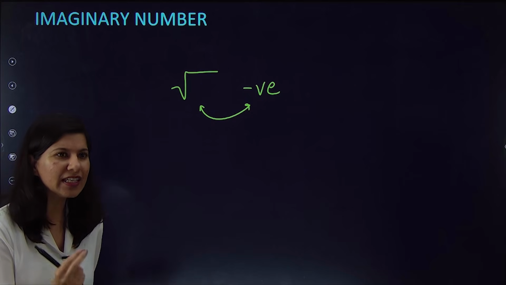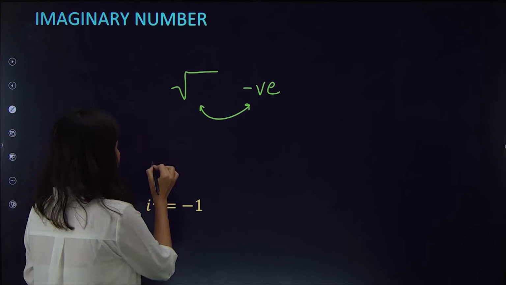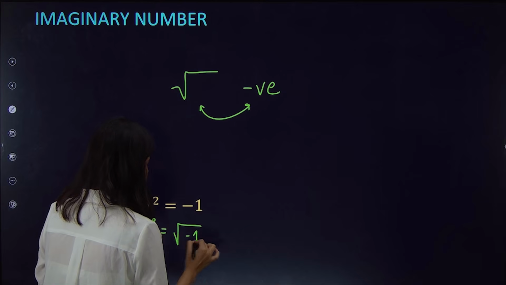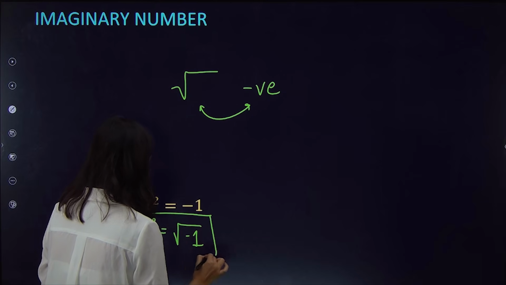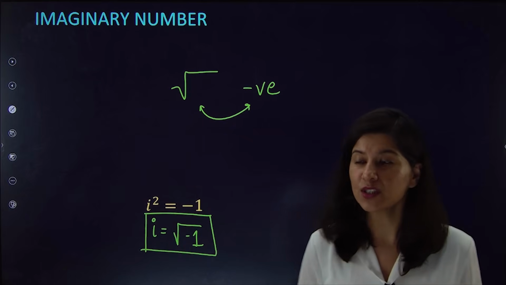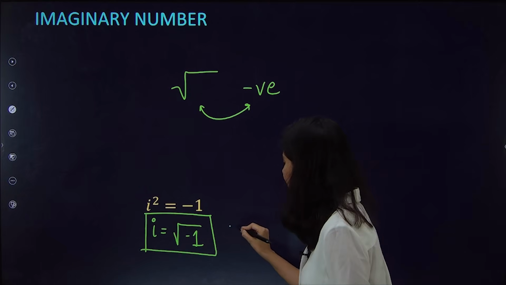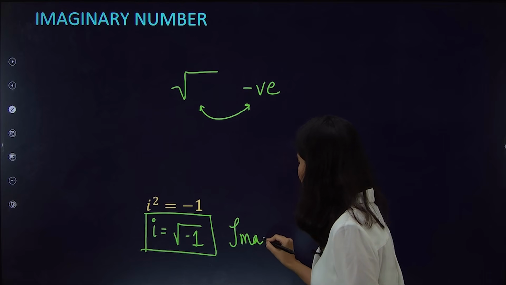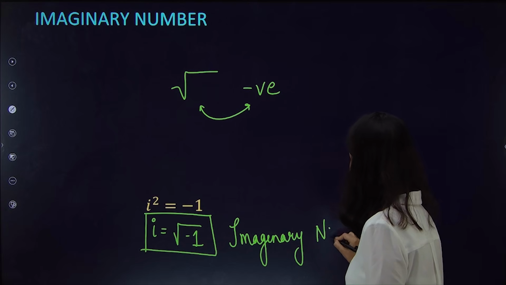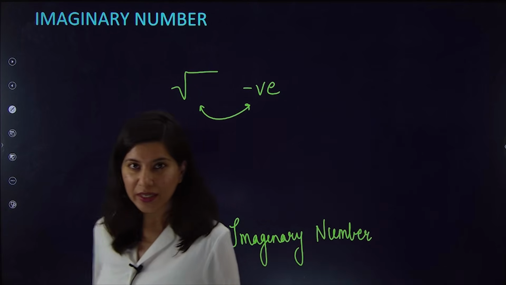Okay, so the very basic imaginary number is square root of -1. We call it iota. Iota is what? Square root of -1. So whenever you see square root of a negative quantity, you will surely say that this is nothing but an imaginary number.